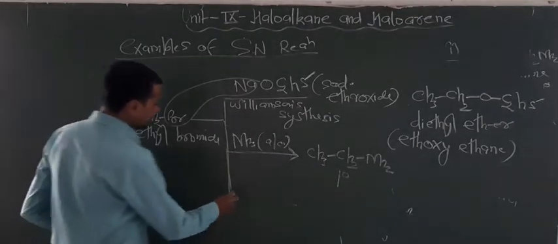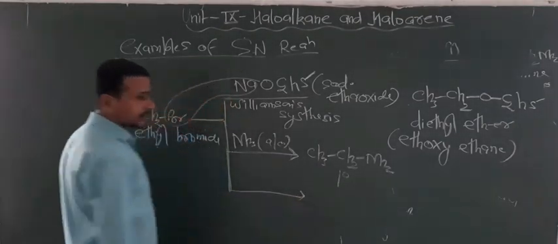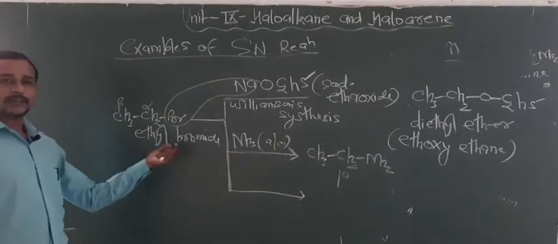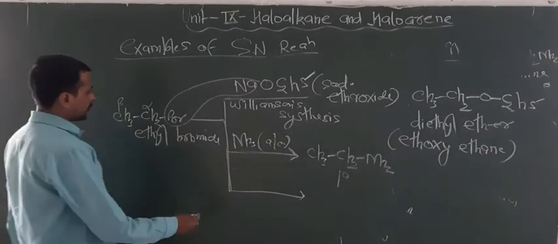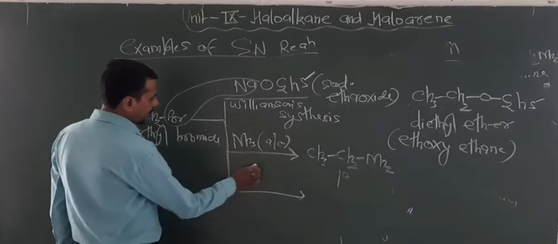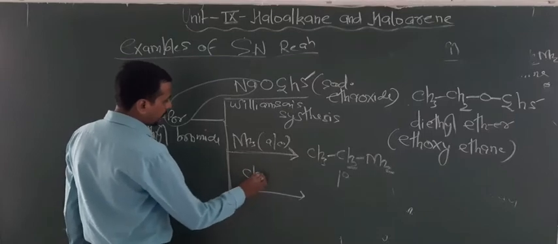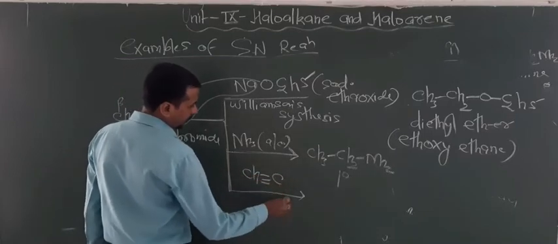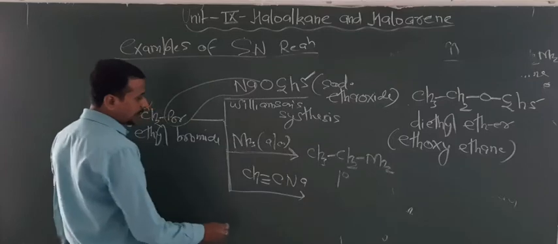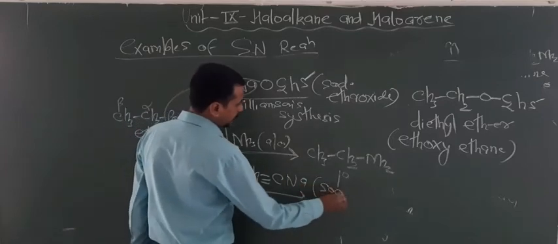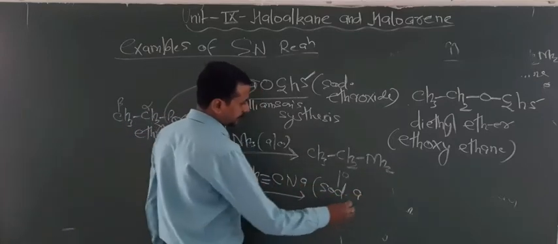One more question may be asked: how will you convert the alkyl halide to higher alkyne? So look at here, when it reacts with CH triple bond C and sodium, it is known as sodium acetylide.